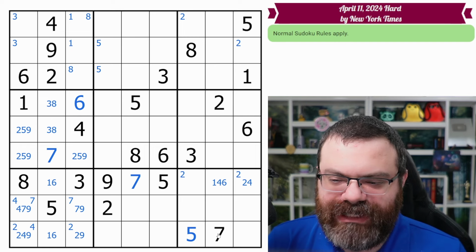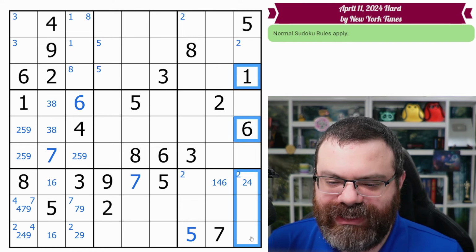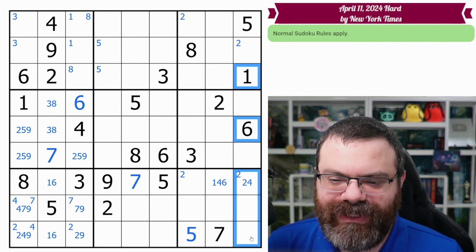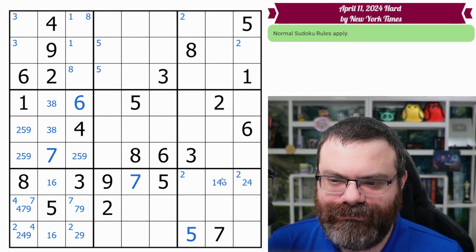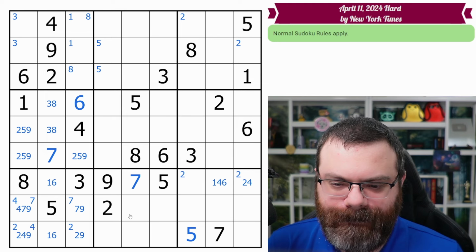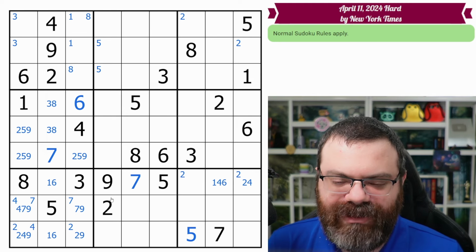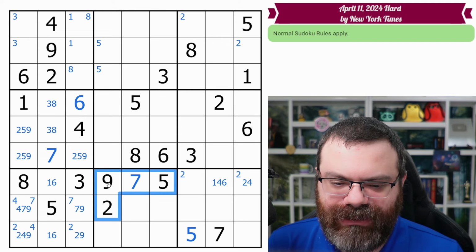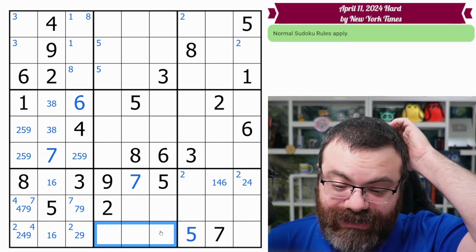Okay, not as fruitful as I hoped. Maybe this 2, 4 does something. Or maybe the fact that 1, 6 looks down is helpful. Not that I see. Looking for anything else that might be of use. We have this 2, 5, 7, 9 in this box that are all avoiding these cells.